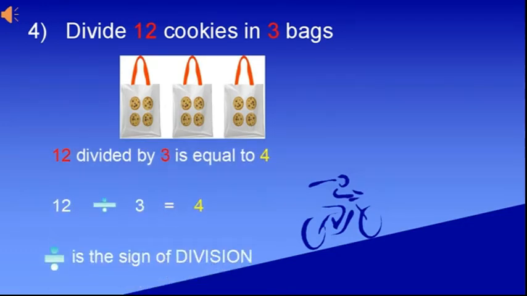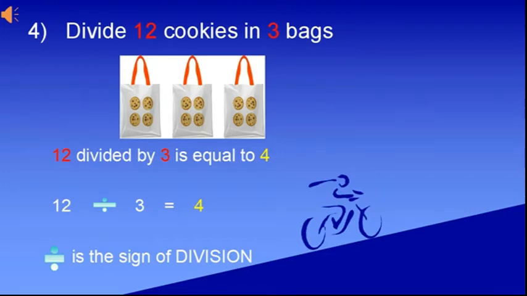In example number 4, you can see that 12 cookies have to be divided equally and kept in 3 bags. We say 12 divided by 3 is equal to 4.